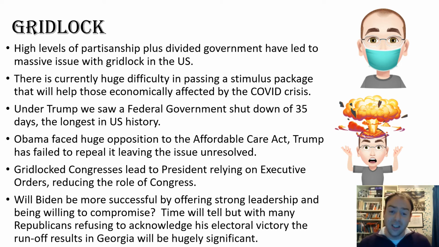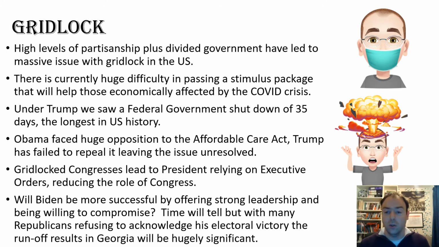Gridlock in Congress leads to presidents relying on executive orders and therefore bypassing or going around Congress, and this reduces Congress's role. So with increased partisanship and the failure to find bipartisan agreement and to get actual bills passed and turned into acts, Congress ultimately could be reducing its own role, because a president might ultimately give up and go, well, I can't get it through Congress, so I'm going to have to use different routes.